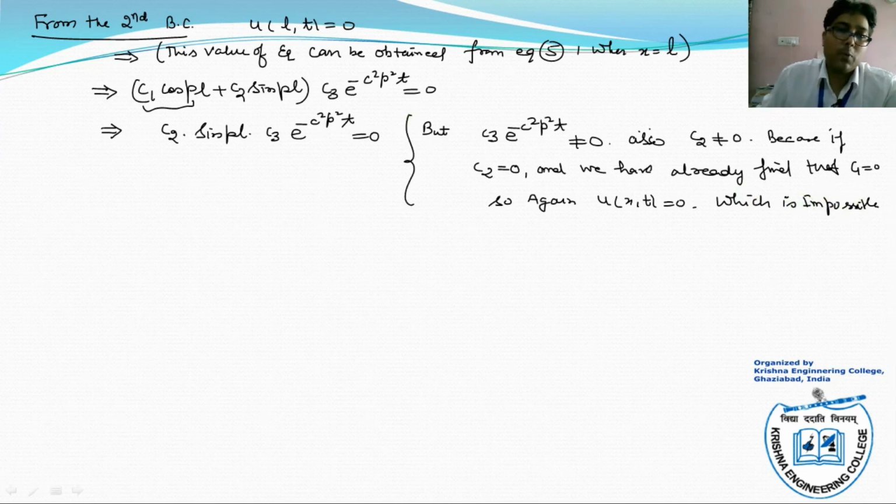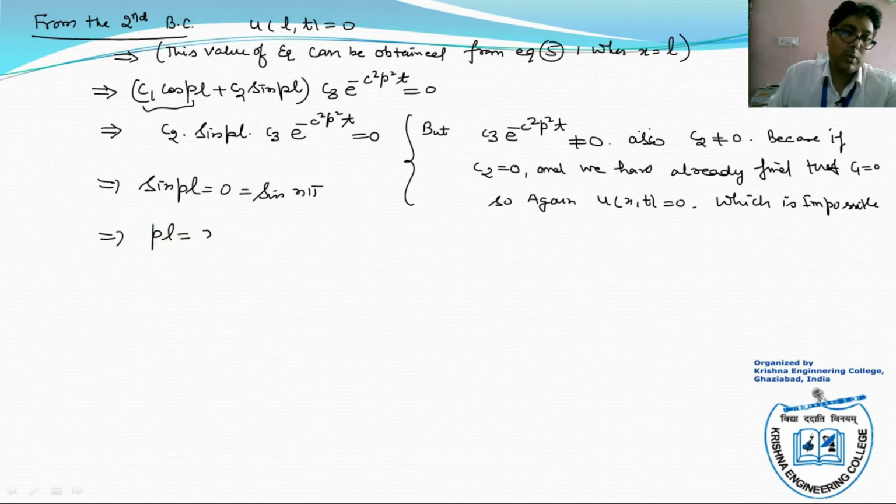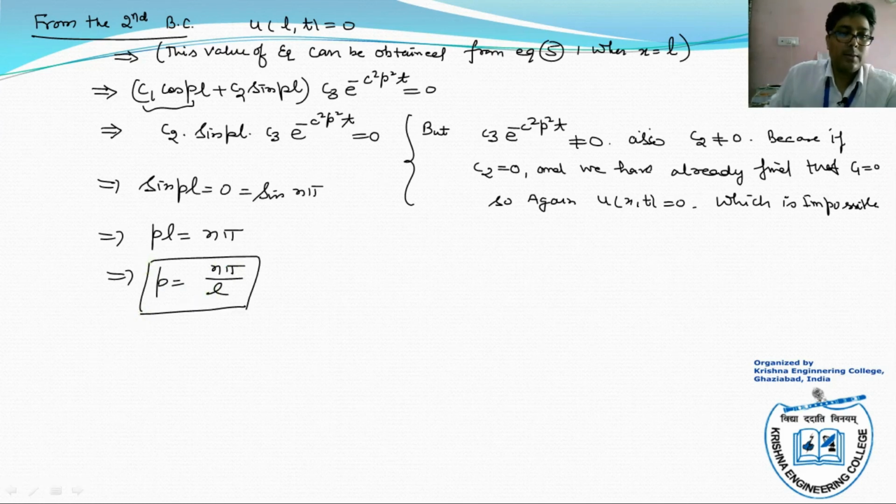So there is only one possibility here: sin PL is equal to 0. The general value is n pi. Clear? So PL is equal to n pi. So we get P is equal to n pi by L, where n is an integer. Clear?